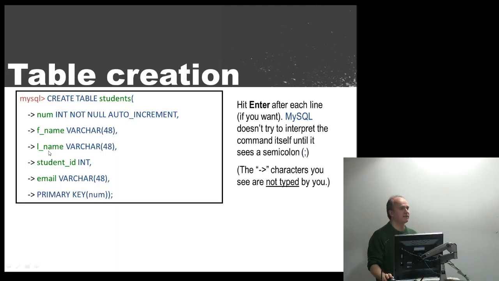Similarly for the last name, you may have an extra ID, which could be your passport ID or wherever it comes from. You can have an email address. Again, here it's a chain of characters. And then when you have written all that, you have to specify which field is the primary key.